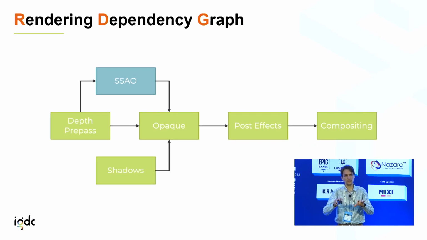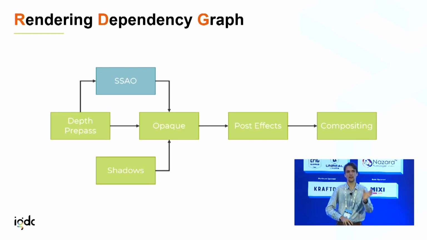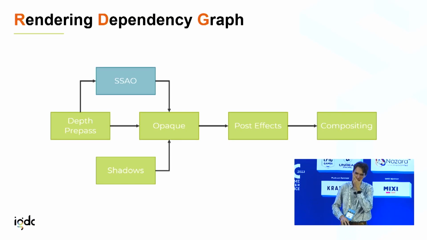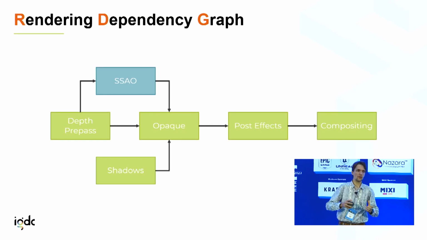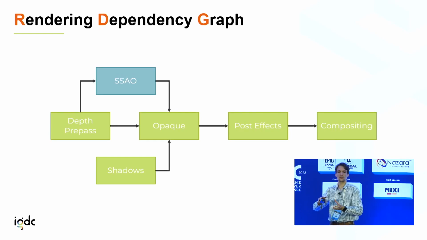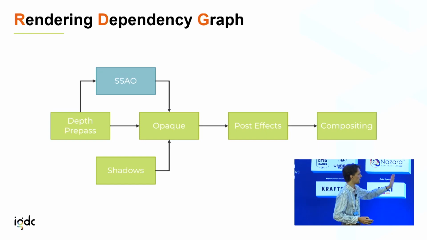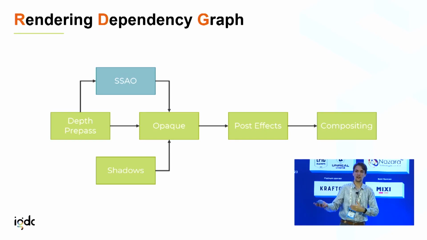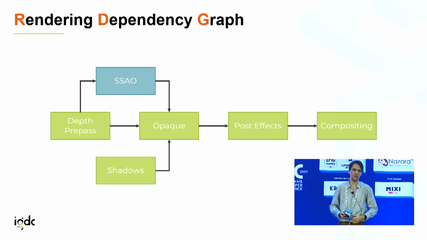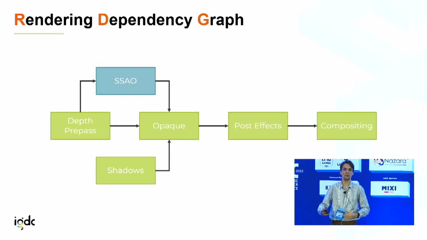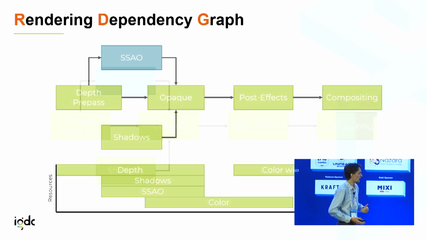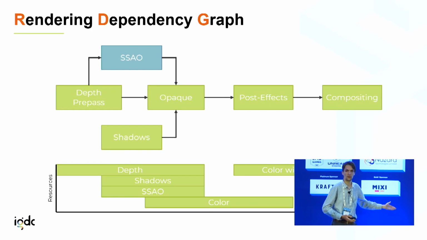Like you write them, one goes into the other and into the other. Well, now the industry is moving towards a more graph-based approach, because when you think about it, all of these passes can be defined through a graph. And that has many advantages. It lets the computer implicitly schedule all of that and manage your resources for you.